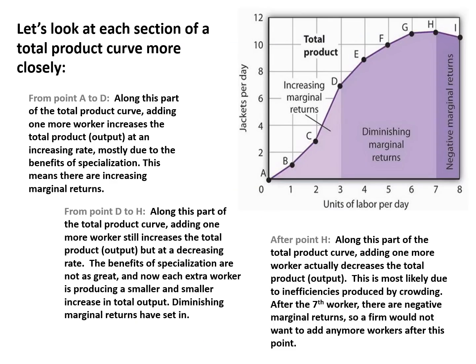So let's look at a slightly more complex product curve. In this graph here, you can see units of labor on the x-axis and jackets produced, so it's like a clothing factory, and each of these is per day on the y-axis. What you'll see is that the principle of diminishing marginal returns isn't uniformly applicable to every part of this product curve.